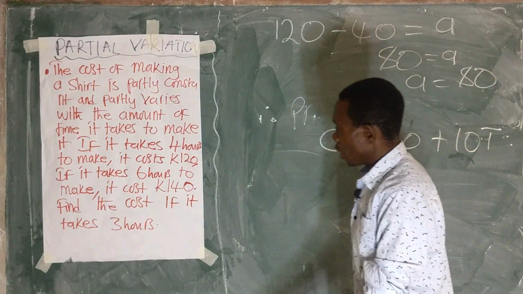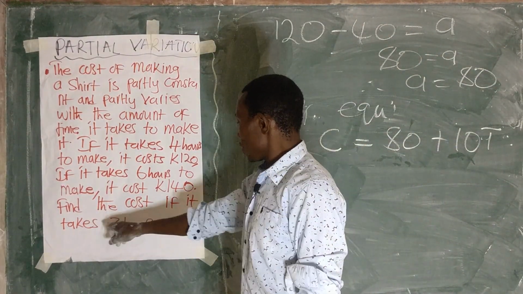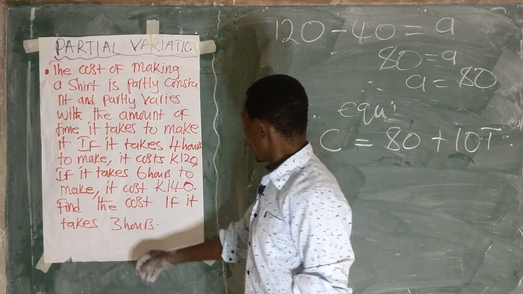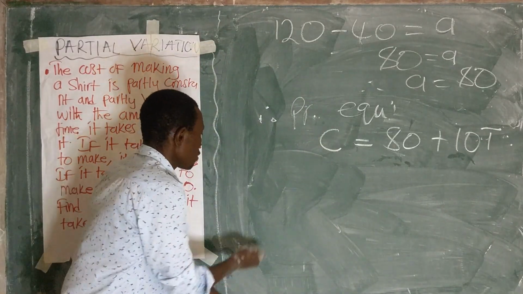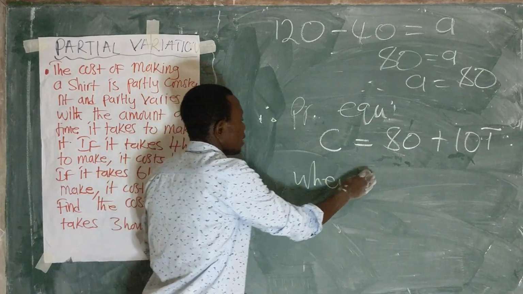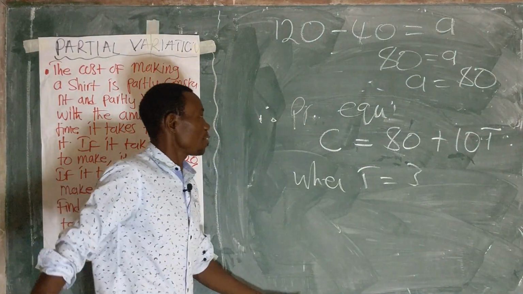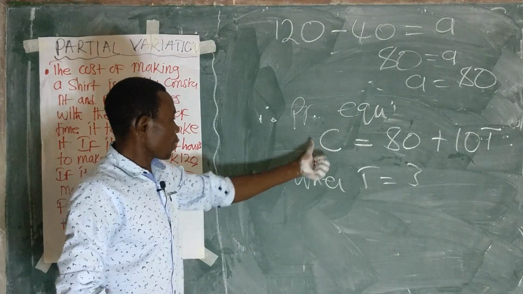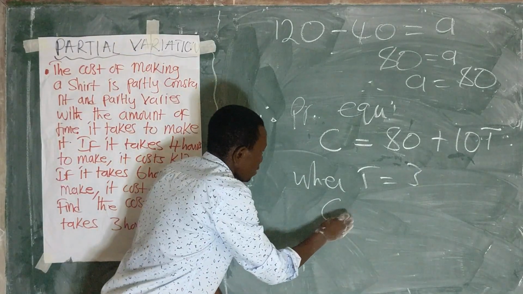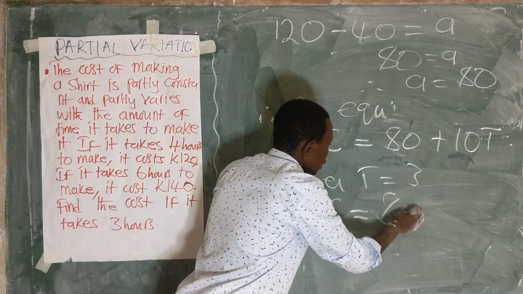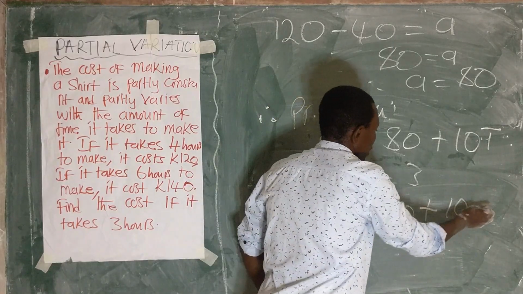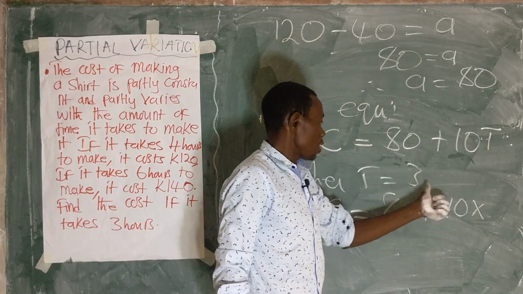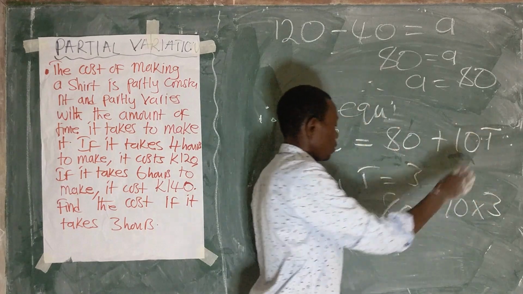What next? We need now to find the cost if it takes 3 hours. Right, so lastly, it's when t is equal to 3. What is the value of C? So you take your proportionality equation and write C is equal to 80 plus 10 multiplied by t, and substitute 3 for t.